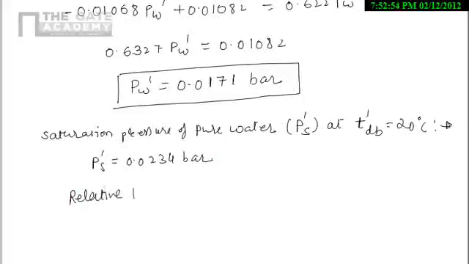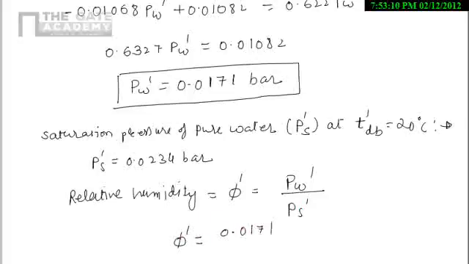So the relative humidity in that case will be phi dash equals PW dash by PS dash. So phi dash will be 0.0171 divided by 0.0234 bar. So this value will come to 0.73 or 73 percent.